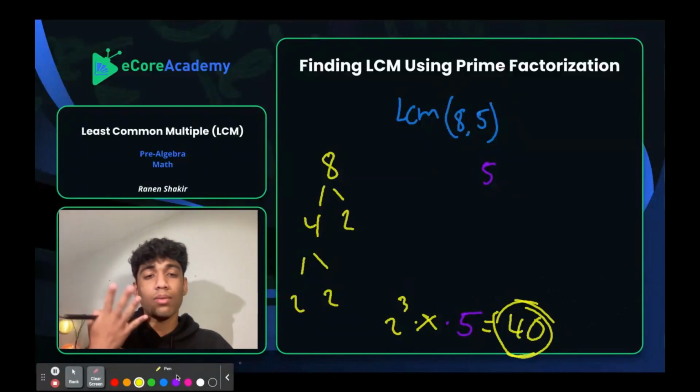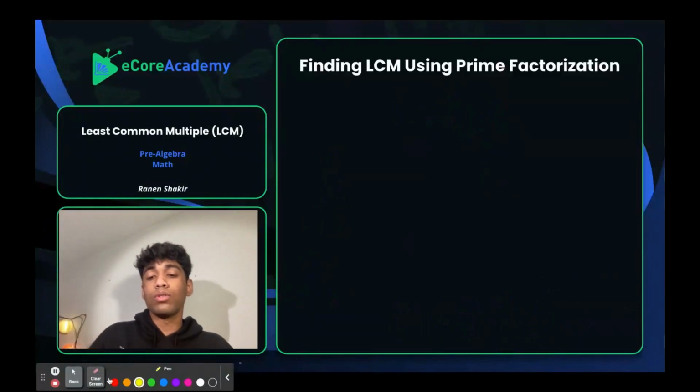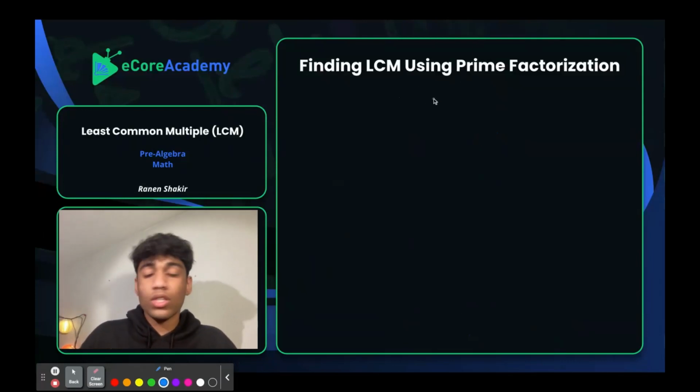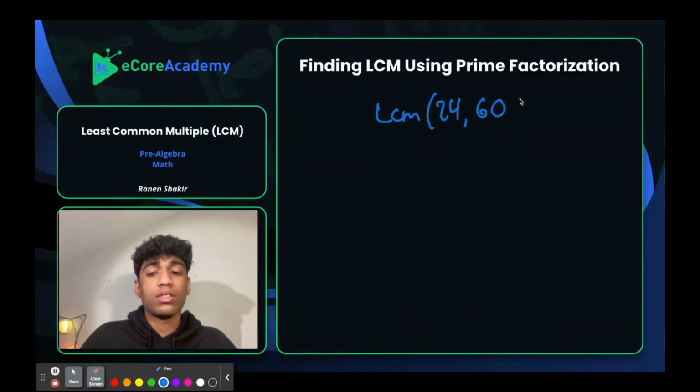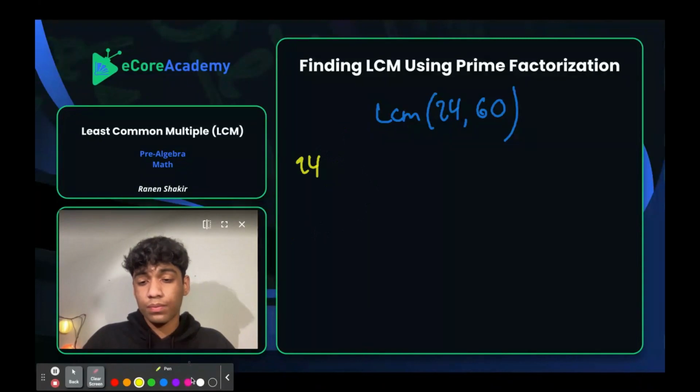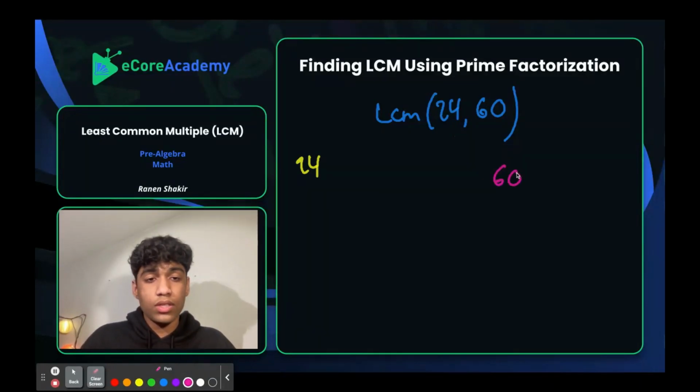Let's go on to a more challenging one that you'll have to do something a little bit different. So let's go pretty big. Let's go 24 and 60. So let's do prime factorization of 24 and then of 60. I like that color. So let's do 60 first.